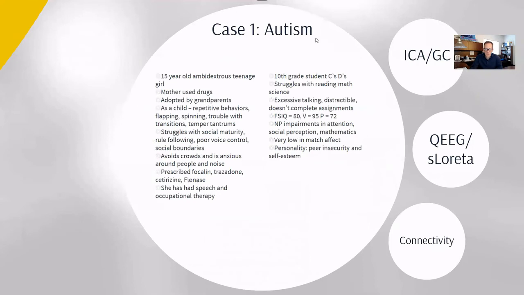Okay, so let's look at a few cases here. The first one is a case of autism. This is a 15-year-old girl who presented with symptoms of repetitive behaviors, flapping, spinning, trouble with transitions, temper tantrums, social impairments, avoiding crowds, a lot of anxiety, and was on multiple medications.